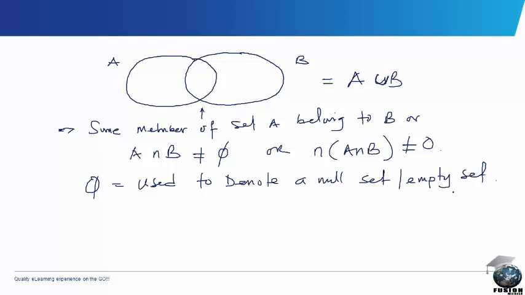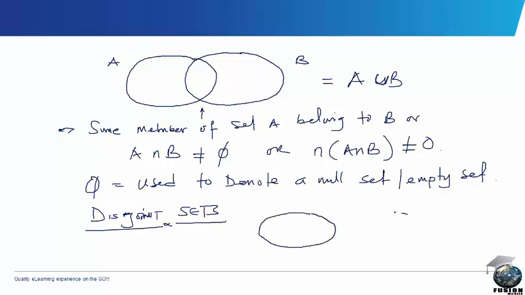But if sets are drawn as disjoint sets, say set A and set B just on their own, we call them disjoint sets.